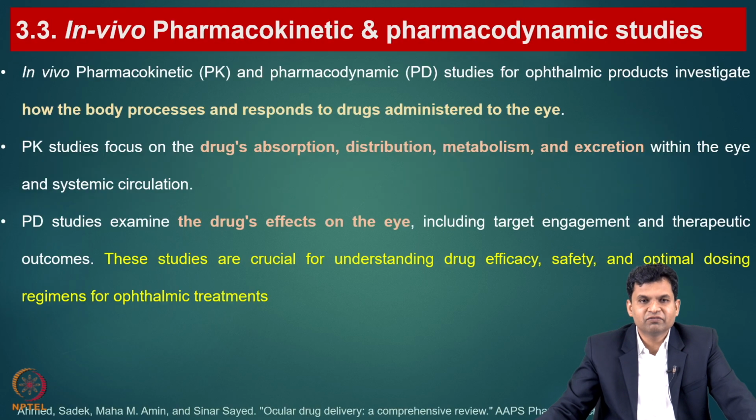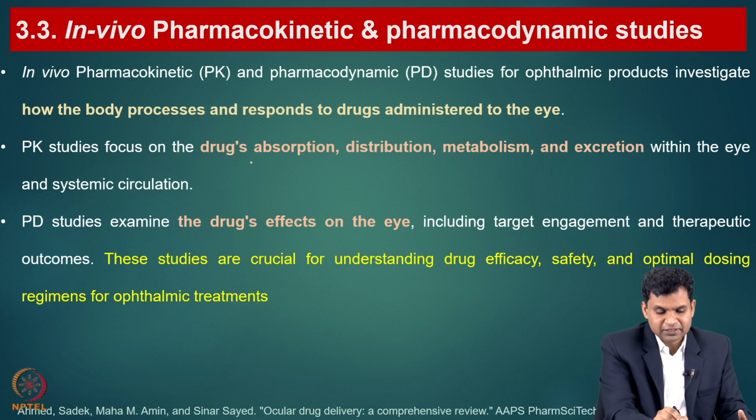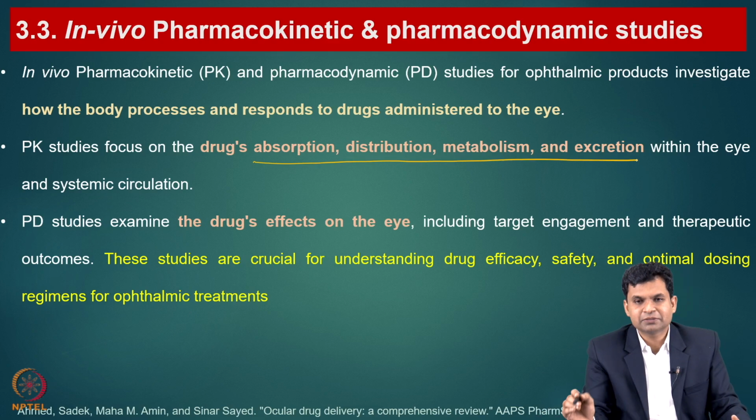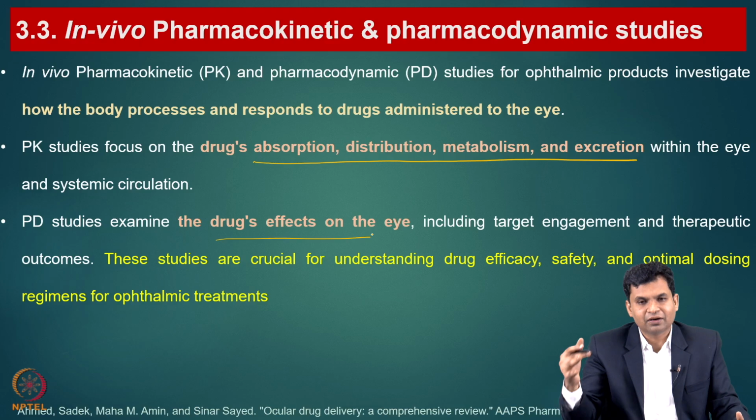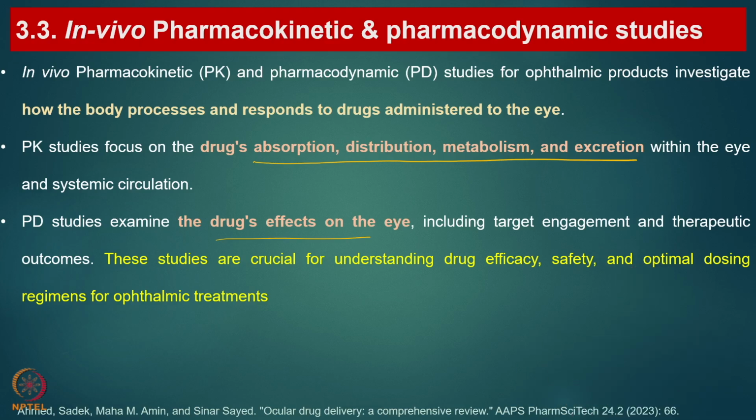Here, in the in vivo pharmacokinetic and pharmacodynamic studies, we perform pharmacokinetics to see drug absorption, distribution, metabolism and excretion (ADME), and in pharmacodynamics we will see the effect of the drug on the body or at the eye site. With this we can predict the efficacy, safety as well as dosing regimen of the formulations.